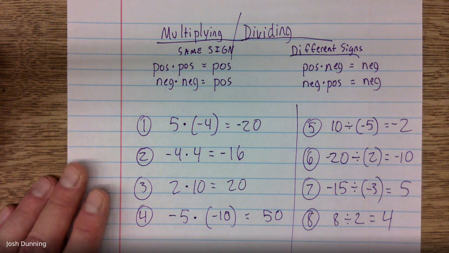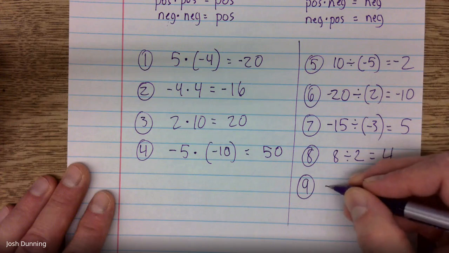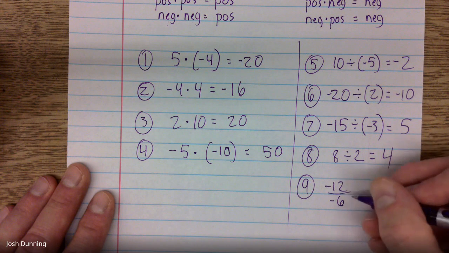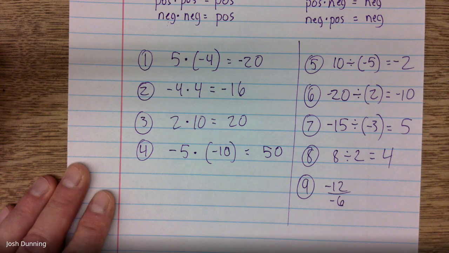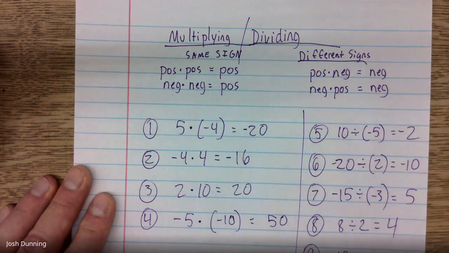Now we can also write this as a fraction. Let's say we had -12 over -6. Fractions mean divide. Negative divided by a negative. Same signs for multiplying or dividing.